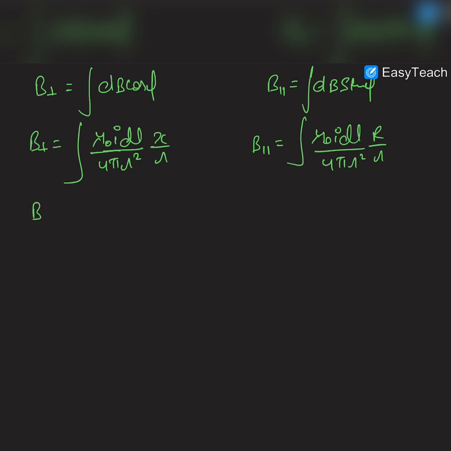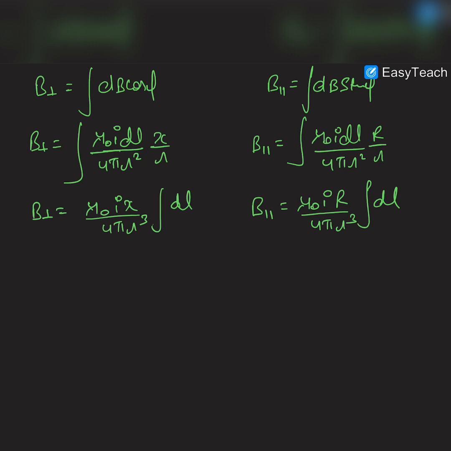So B perpendicular will be mu naught I x upon 4 pi r square times the integration of dl, and B parallel will be mu naught I R upon 4 pi r cube times the integration of dl.